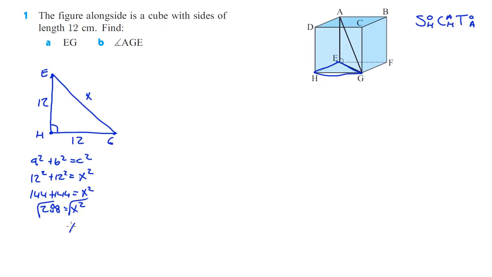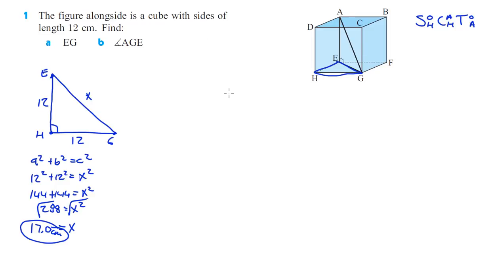So x equals, if we round it to the nearest tenth, 17.0, centimeters. Okay, so that's what our x is, so really that's what EG is. EG is 17.0 centimeters. Now we want to find angle AGE.